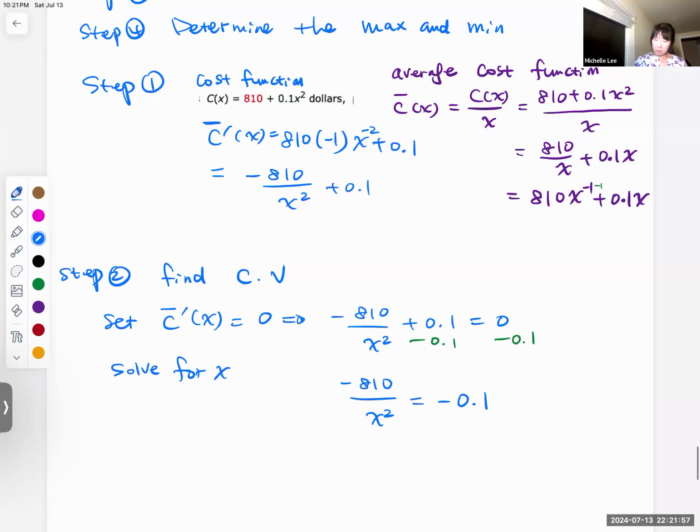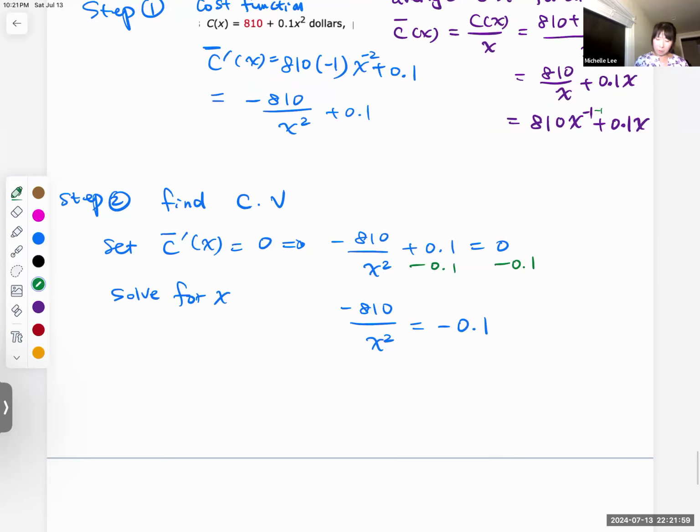Okay. Multiply x squared on both sides. So we have negative 810 equal to negative 0.1 x squared. Okay, now we divide by negative 0.1 on both sides. So x squared equals 8100.